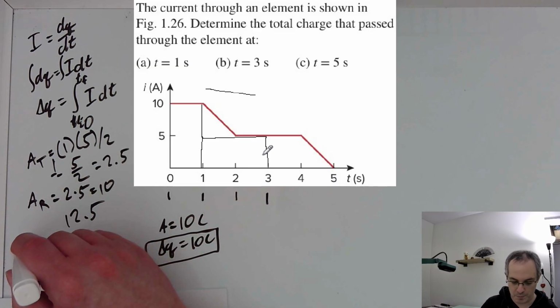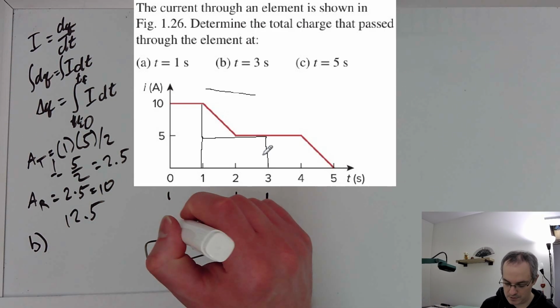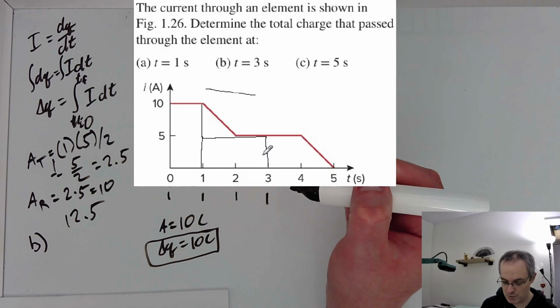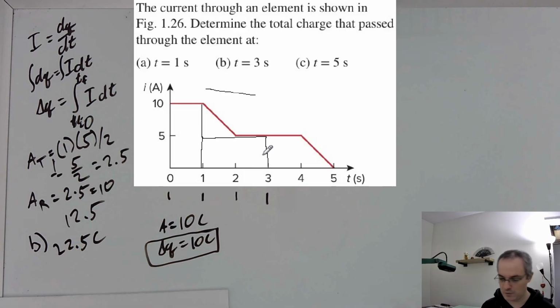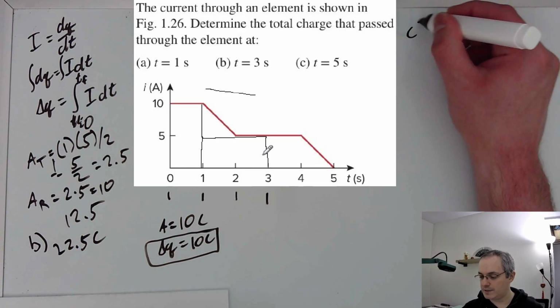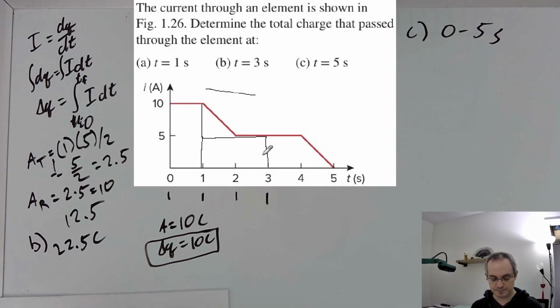So for B, we will say that the total charge from 0 to 3 is 22.5 coulombs.